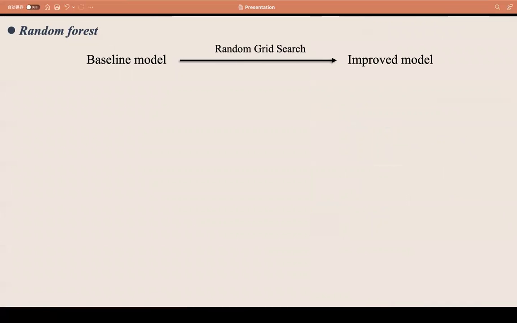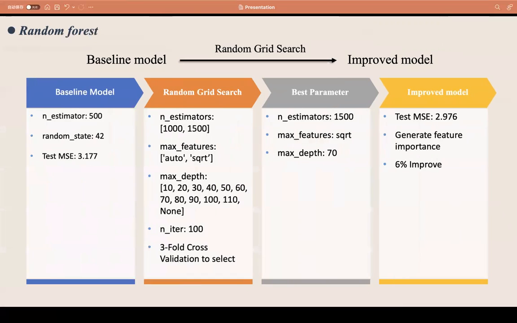We also fit a random forest regressor by starting with a baseline model with number of estimators equal to 500 and random state equal to 42. Then we got the baseline test MSE of about 3.177.